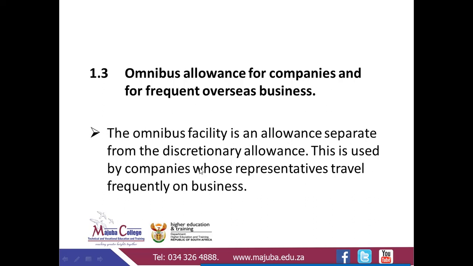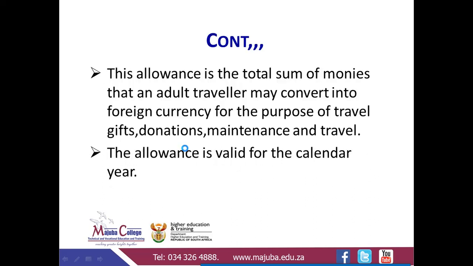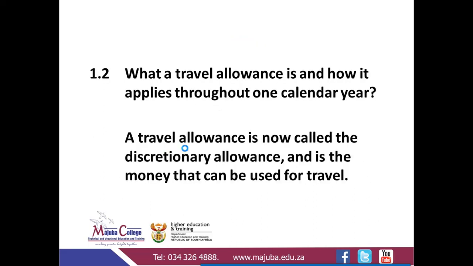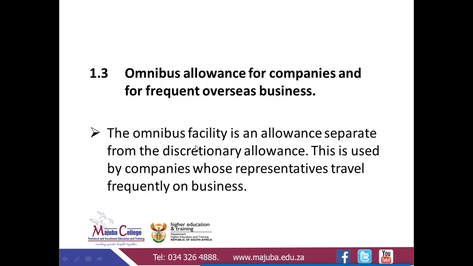This is used by companies whose representatives travel frequently on business. So omnibus is really different to the discretionary or the travel allowance. Remember that? An omnibus is for businesses.